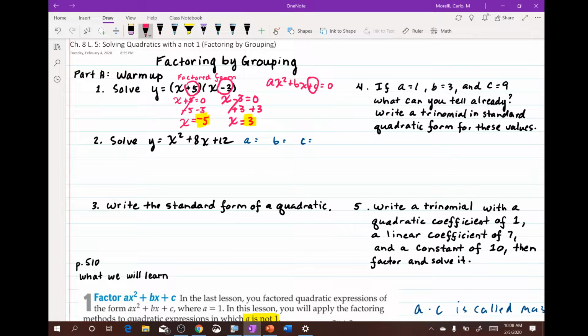So if you know how FOIL works, when you do L times L, last times last, or 5 times negative 3, you're going to come up with a whole number, or the constant part of the equation. And you know that the constant part of a quadratic is the y-intercept. So Gracie just did all that in her head real quick, and that was impressive. Negative 15. Let's make sure that she's right.